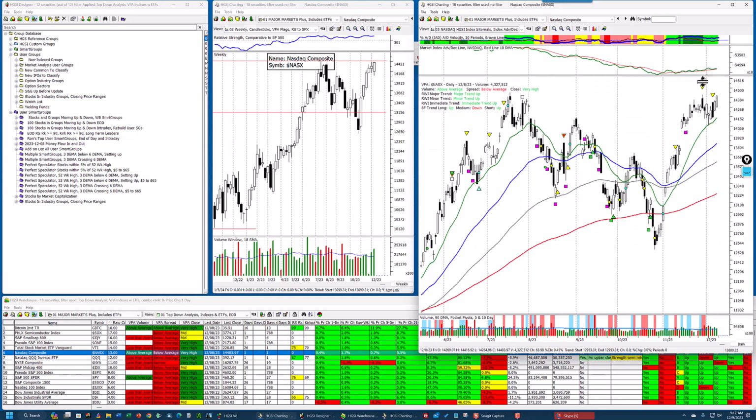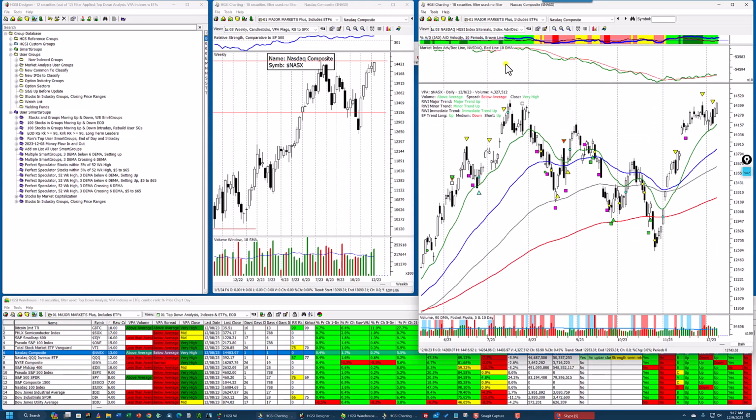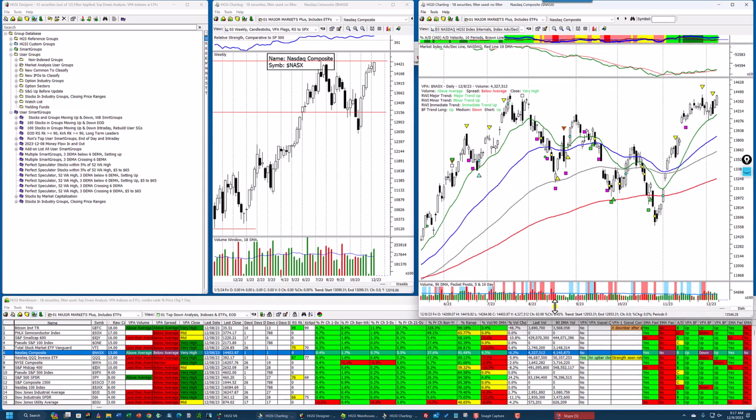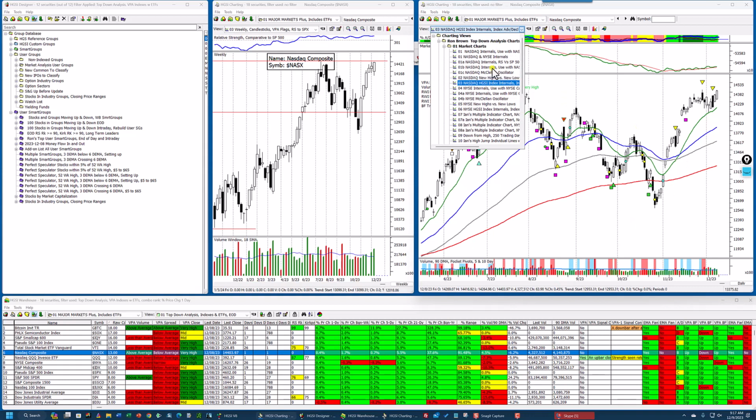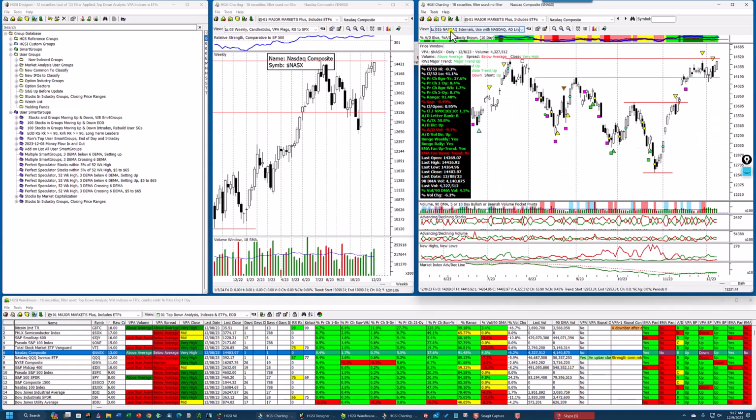You can see that it is in a steady uptrend. Now I have mostly the same set of charts for the NYSE, but I primarily focus my attention on the NASDAQ, and I primarily use chart number 1B with the AD line down here and all the other critical information.